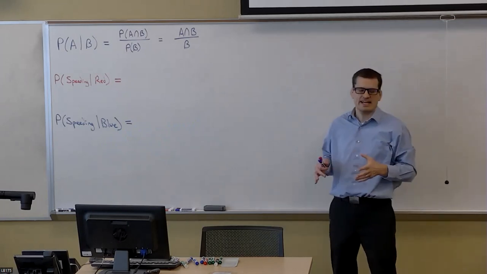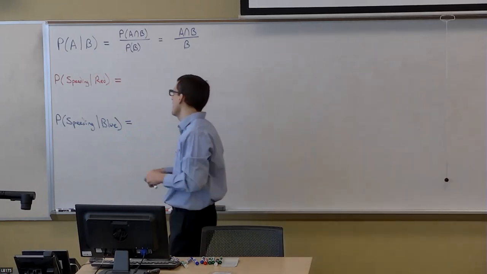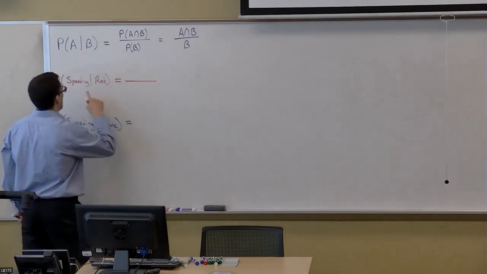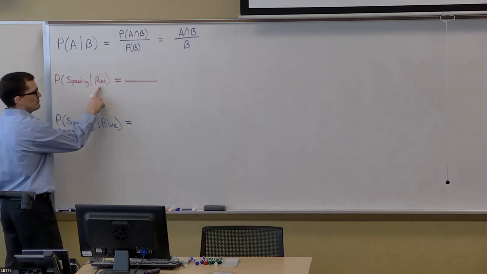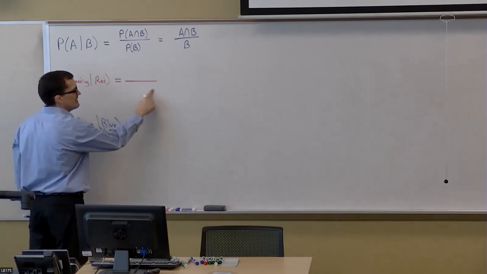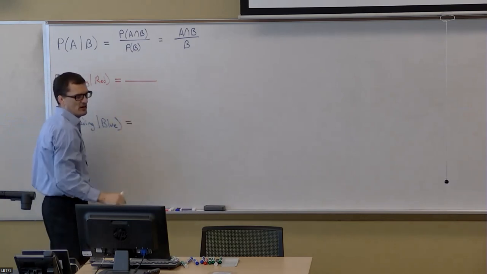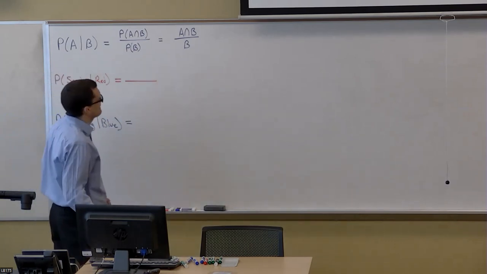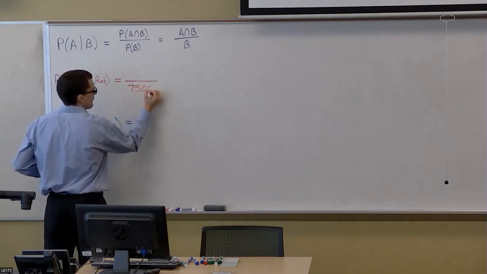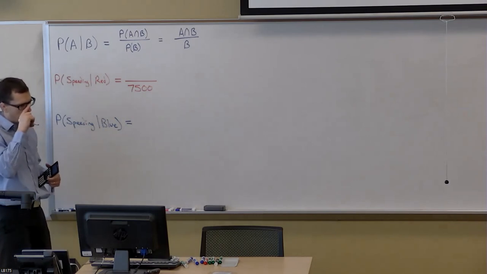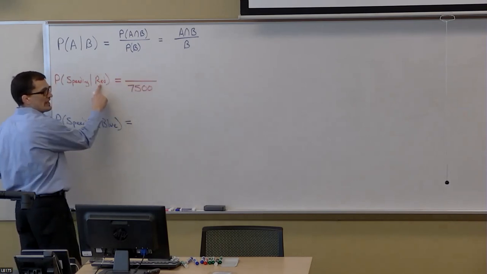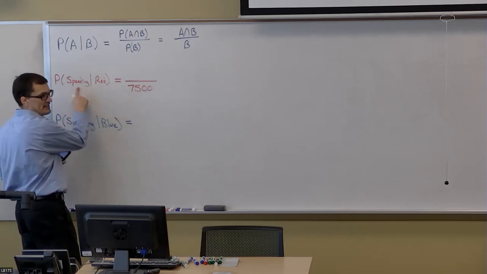So if you look at that contingency table, when it asks you the probability of speeding, given that you picked a red car, the denominator is going to be all of the red cars, which on that contingency table, there were 7,500 red cars. In the numerator, it was going to be those red cars who were speeding.